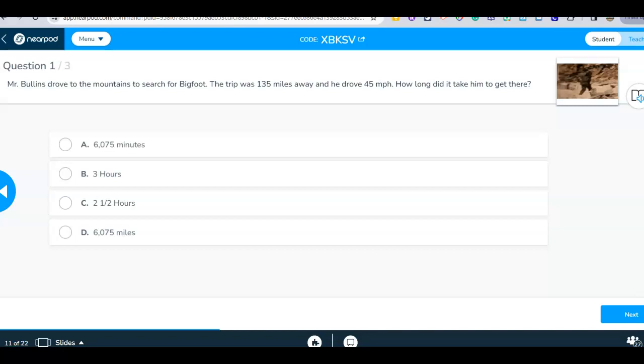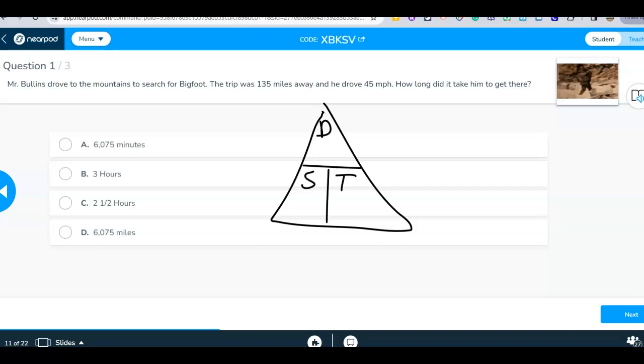All right, Jace, before I can solve this, what should I draw on my piece of paper? The DST triangle. 135 miles. Is that a distance, a speed, or a time, sir? Distance. 45 miles an hour. That's a speed.